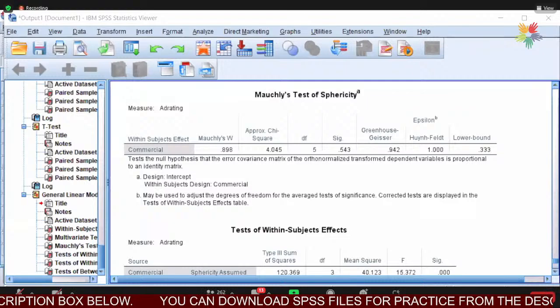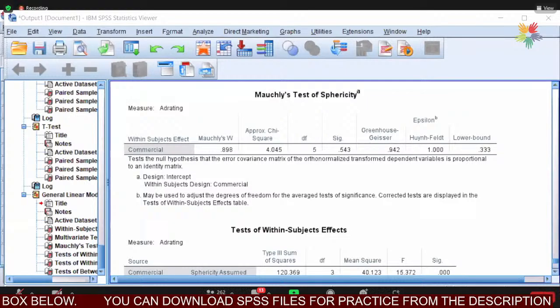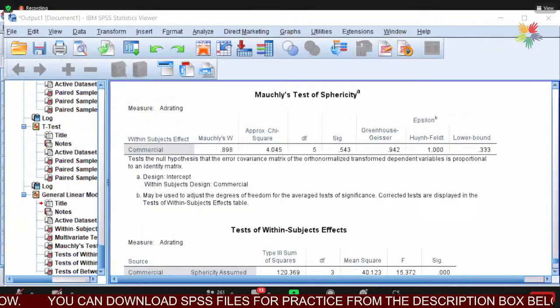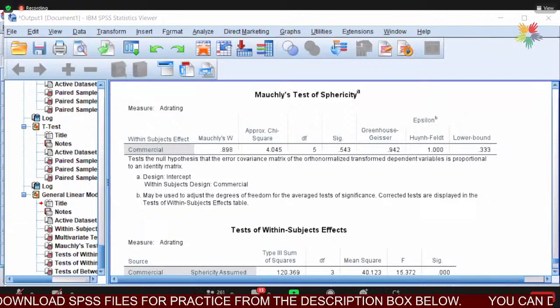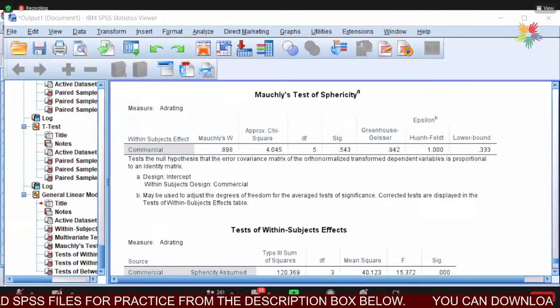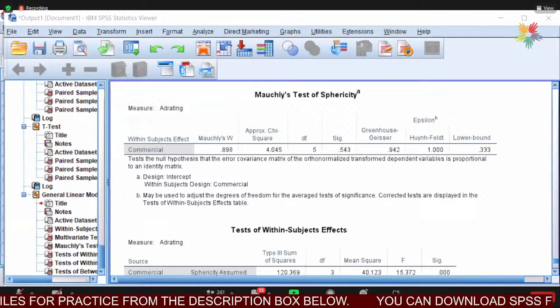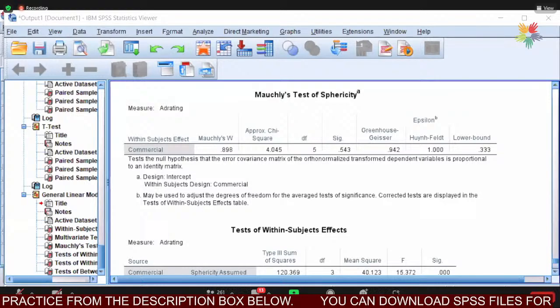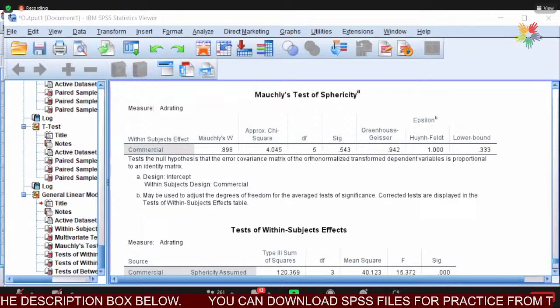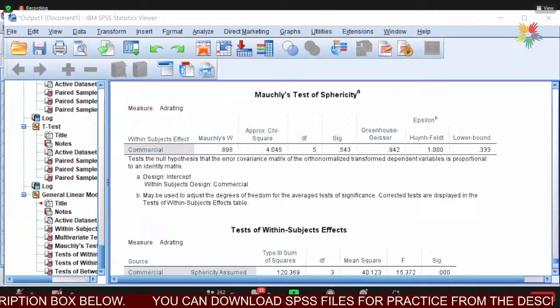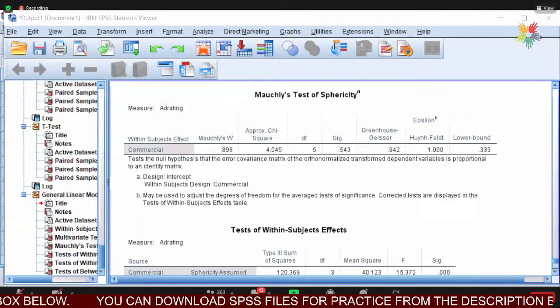So this minus this, we find the differences, and that is the covariance. So the variances of the differences of all combinations are equal.